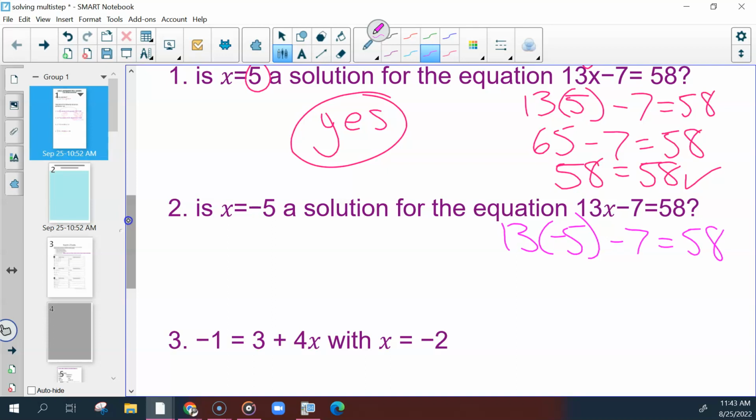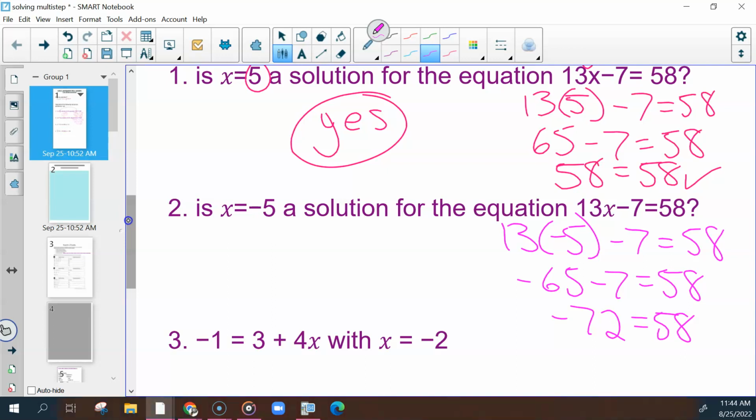So we're going to multiply 13 and negative 5, so now we'll have negative 65. And that would give us what? Negative 72, and 58 on the other side. Is this a true statement?